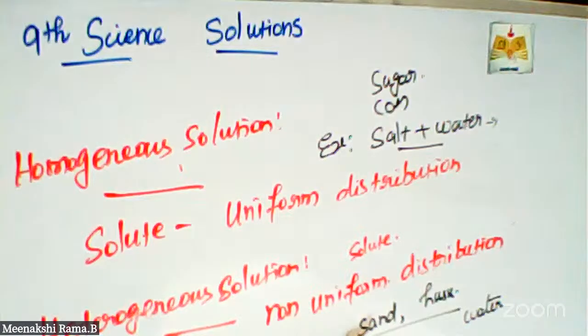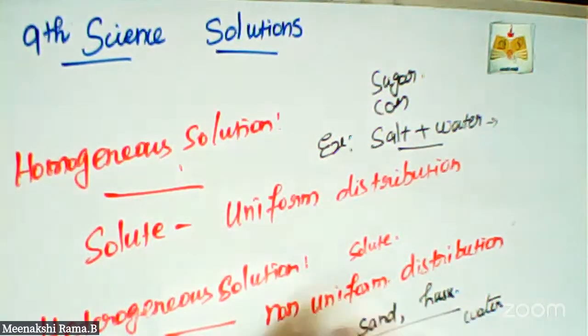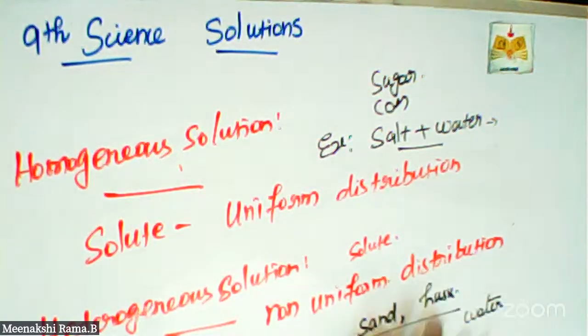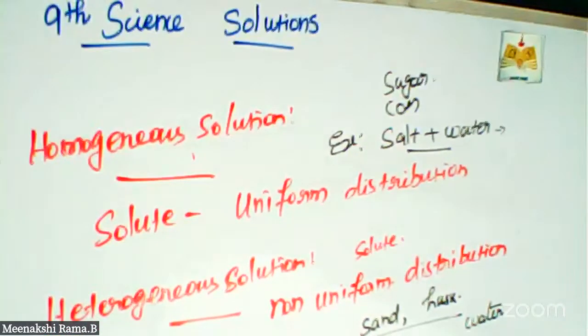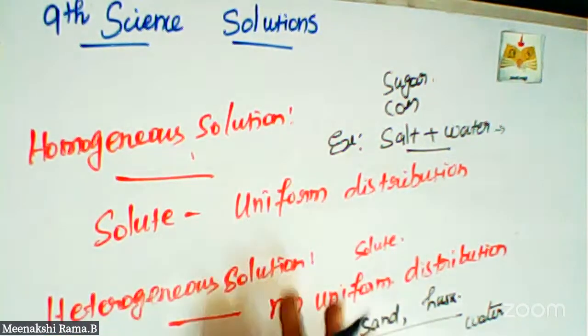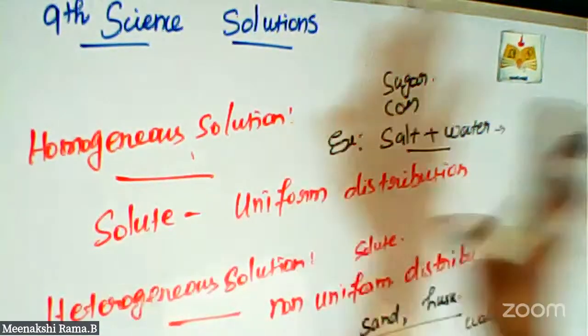When we add sand or husk, these two materials are not dissolved in water. This kind of solution is called non-uniform distribution of the solute. So it is called a heterogeneous solution. One is homogeneous. Homogeneous means the solute is completely dissolved, with uniform distribution.